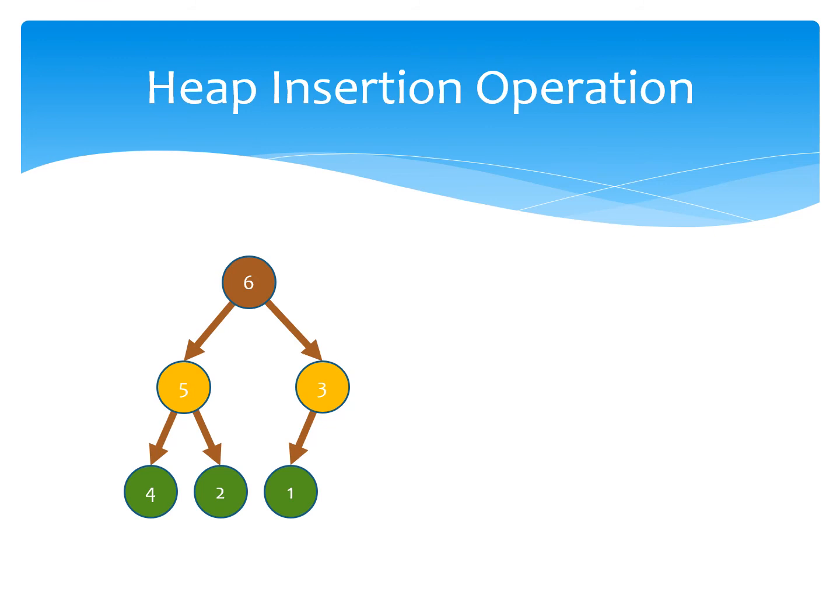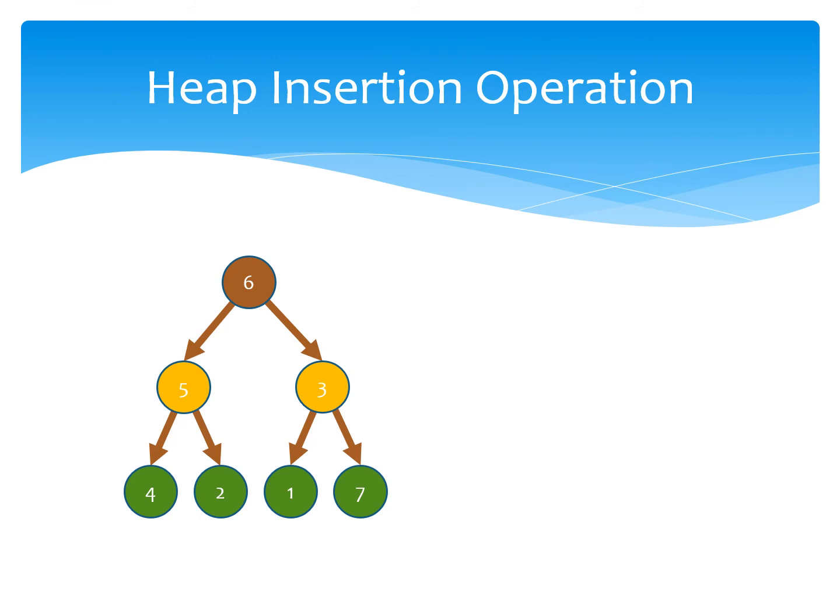Assume we want to insert a node with value 7 in this example. We add a new node with value 7 to the first empty slot as the right child node of inner node with value 3.